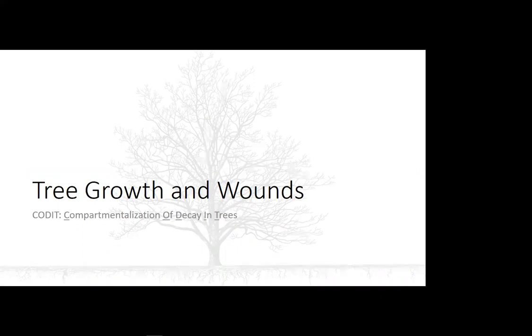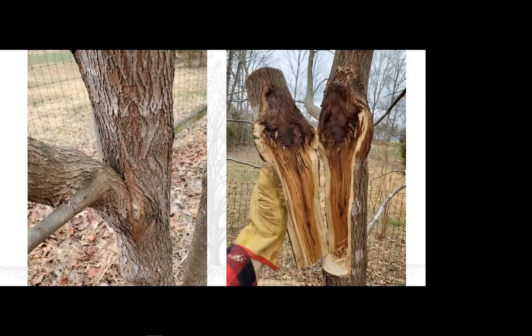The reason, if you want to see bad branch unions like this one, go and look at a Bradford pear. They have that really nice shape because they have all bad branch unions.